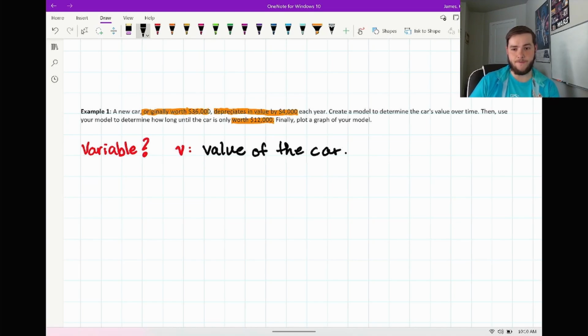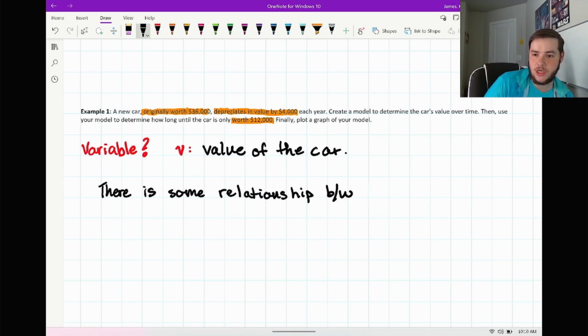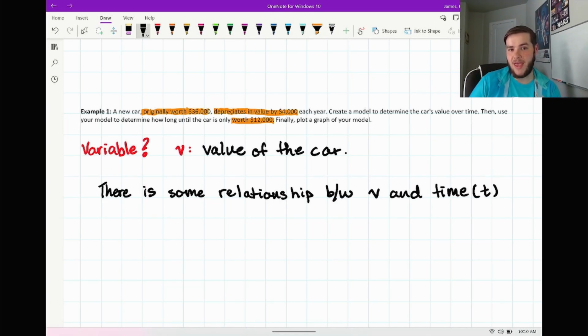Let's break down our first sentence. The car is originally worth $36,000. Now, I know that there is some relationship between V and T, value and time, which I'll call T. In fact, the value depends on the time.